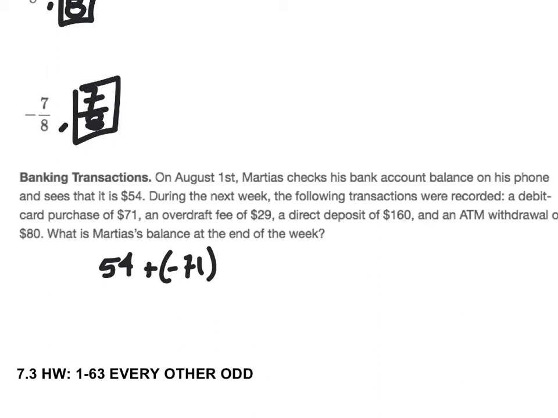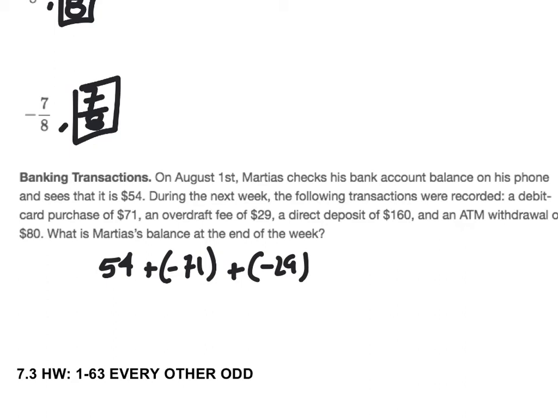So the bank says, if you have money in your bank account and you spend more than what you have, then we're going to charge you an extra fee for doing that. They don't want you to do that. So they're going to take another $29 from your bank account. Let's say the $71 was a necessity, like a phone bill or a gas bill.